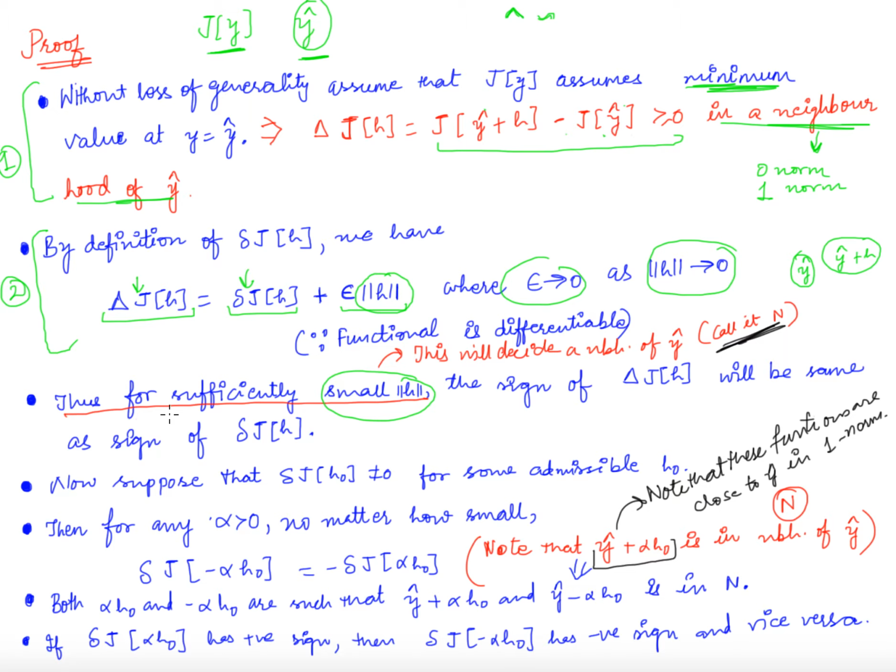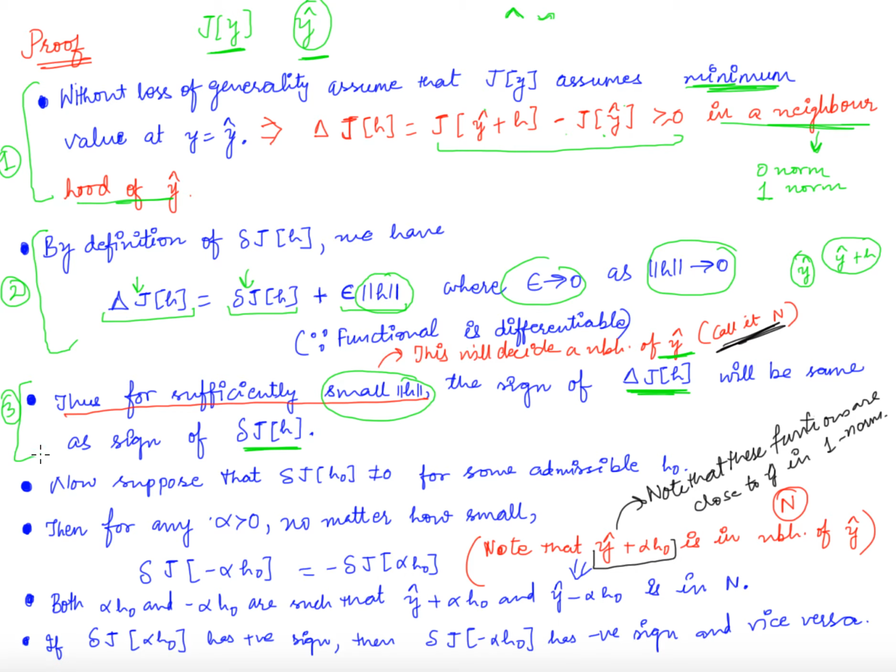So you are choosing a sufficiently small norm of h, and how you choose that will define a neighborhood of y hat, and we call that neighborhood N. Now we know that in this neighborhood N of y hat, the change in the value of the functional and the variation of the functional have the same sign. This is our third point.